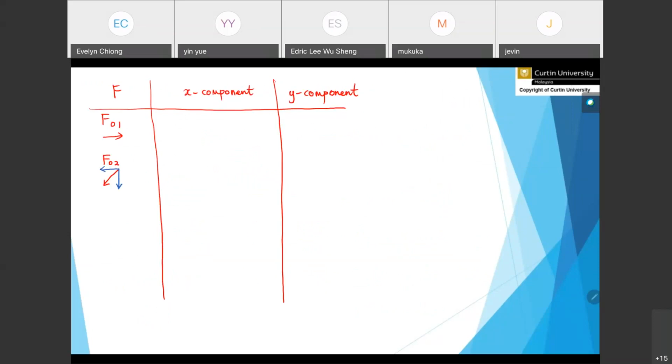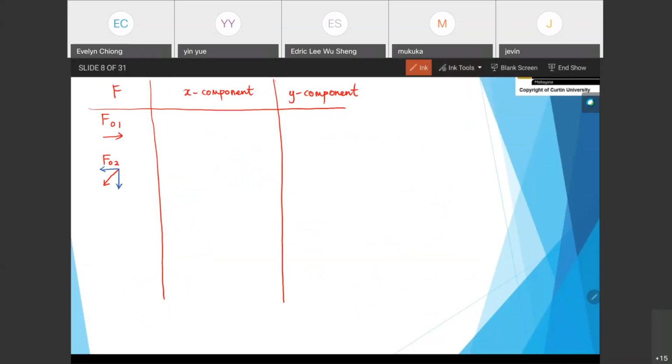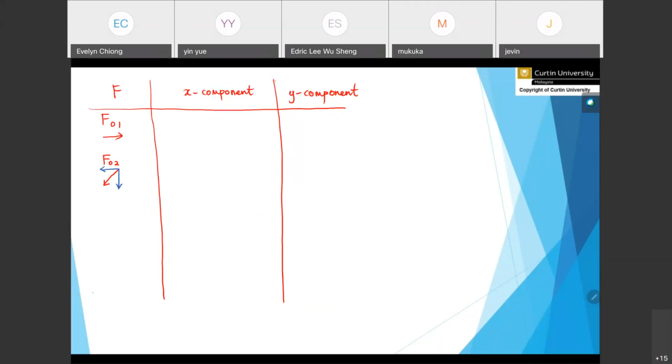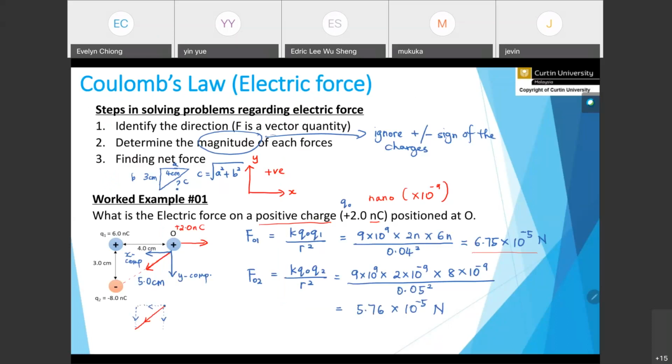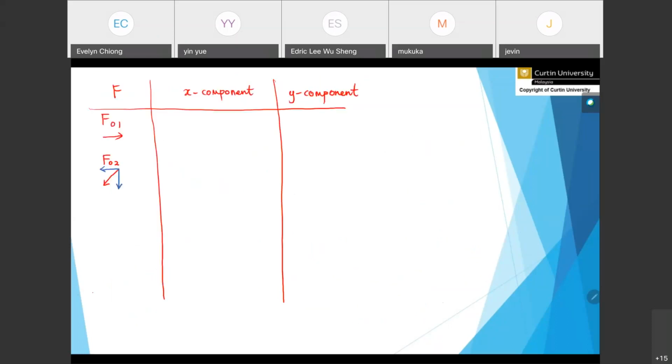Now, what's the value again? Just now, F01 is how much? 6.75 times 10 to the, okay, I will write down here. Yeah, this one, 6.75. So this one is the x component.